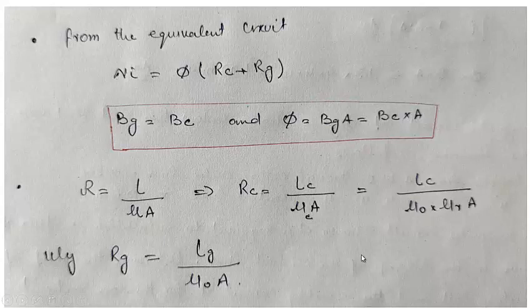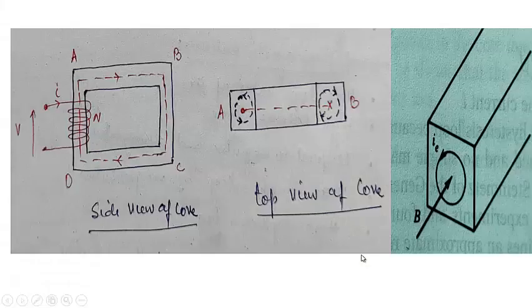So Rg will be equal to Lg divided by mu naught into A, because for practical purposes mu r for the air will always be taken to be equal to 1, and I will show you why it is taken to be 1 a short while later. So for the time being we will take it as Lg divided by mu naught into A.